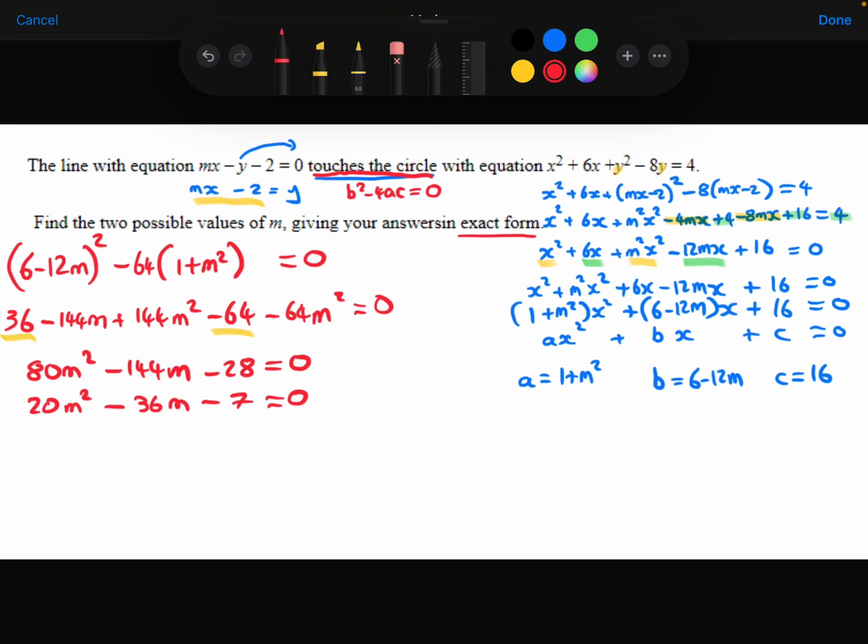So I'm going to use the quadratic formula. So m is minus b, so minus 36, plus or minus the square root of b squared minus 4 times a times c, divided by 2a, 2 times 20.